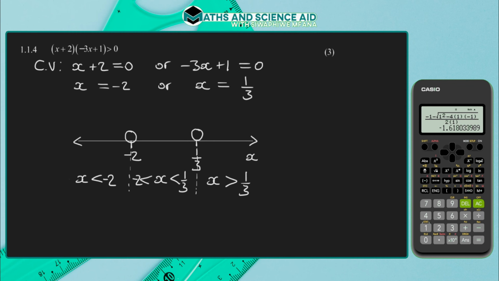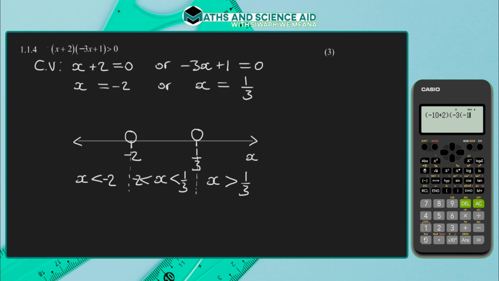So for an example, a value that is less than negative 2 is negative 10. So in fact, you can use any value that you can think of as long as it is within that range. And so now you just take the expression and substitute in this value of x that you want to use.